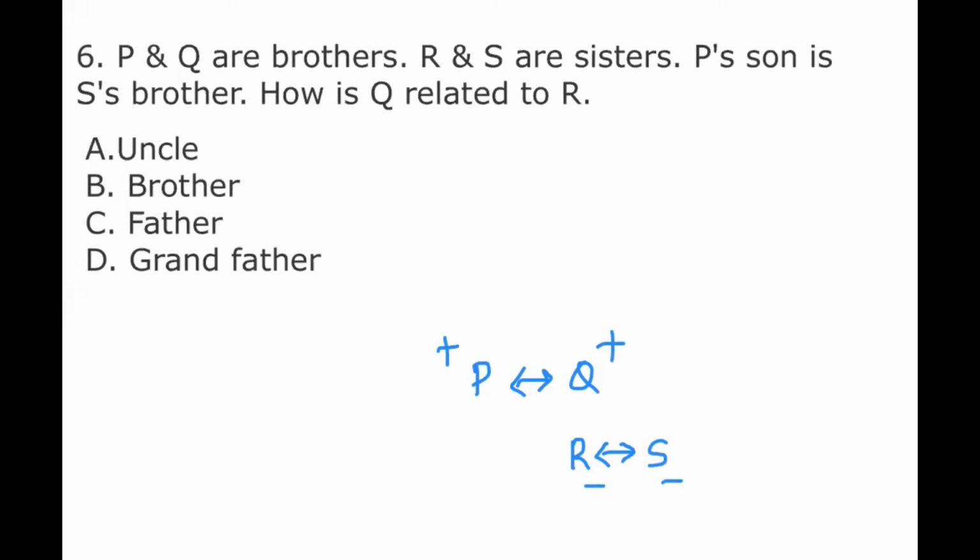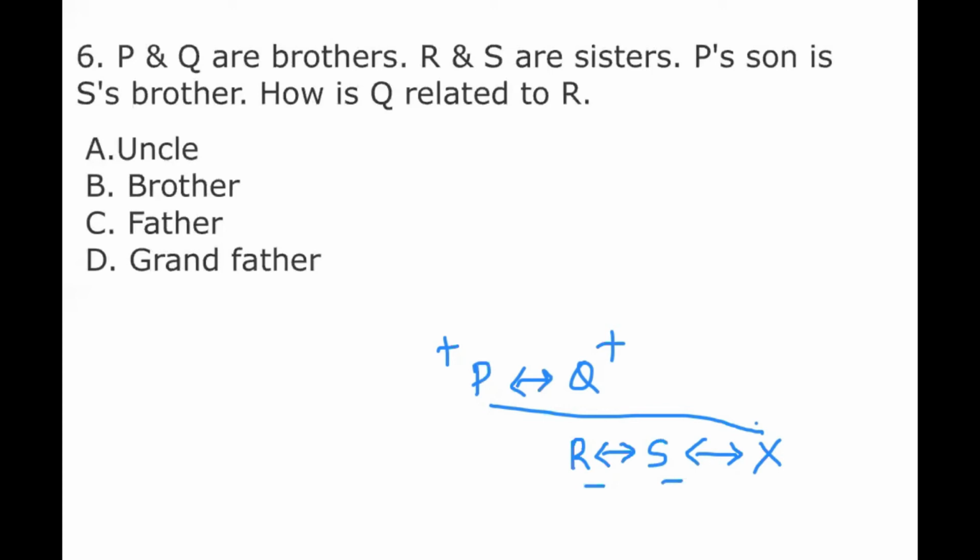Now, P's son is brother of S. Okay, he's saying some person, let's assume X, who is the brother of S, is son of P, right? So when X is brother of S, he will also become a brother of R, isn't it?